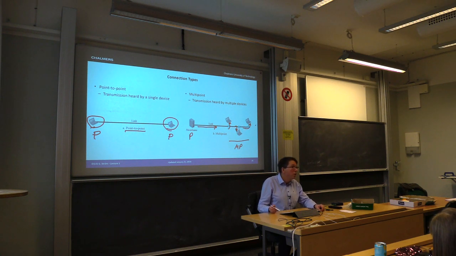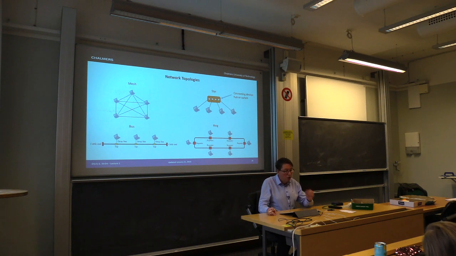Maybe it's not so popular nowadays. But one way one can think of this would be like a radio transmission. Here, maybe this is an access point, and here we have a number of laptops which are connected to a Wi-Fi network. Then the transmission from the access point will be heard by all, well, maybe not by all laptops, but a number of laptops. So here it's like point to multi-point communications. Okay, going on, network topologies.